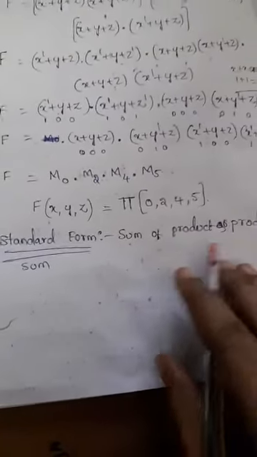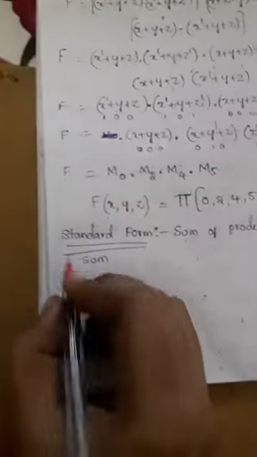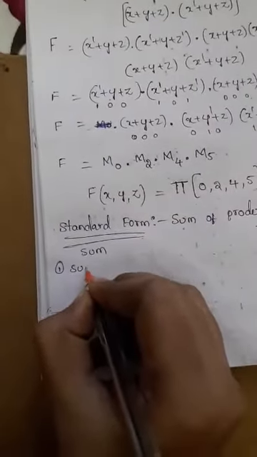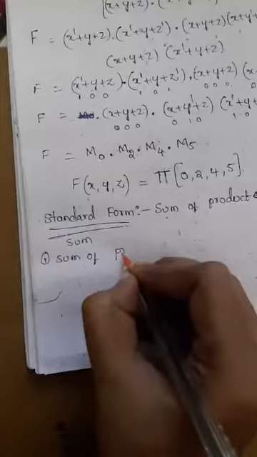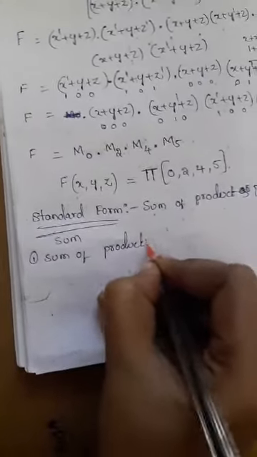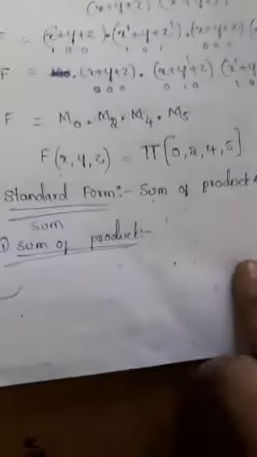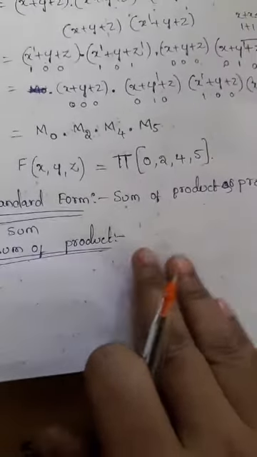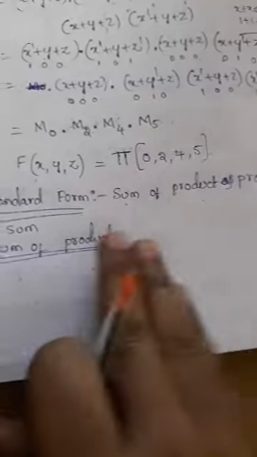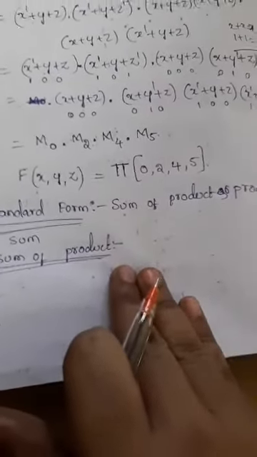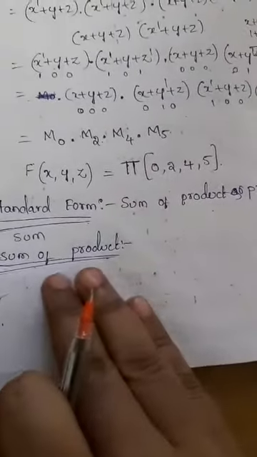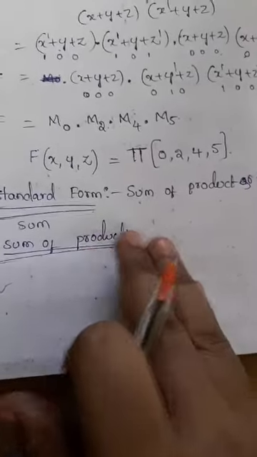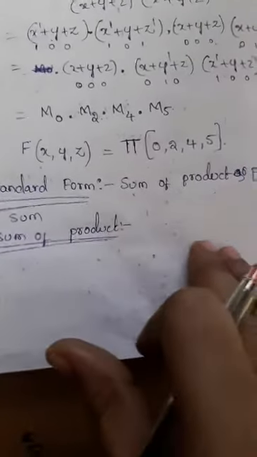Now we'll see what is meant by sum of product and product of sum. We'll go for the first one, that is sum of product. The sum of product is a Boolean expression containing product terms of one or more variables.